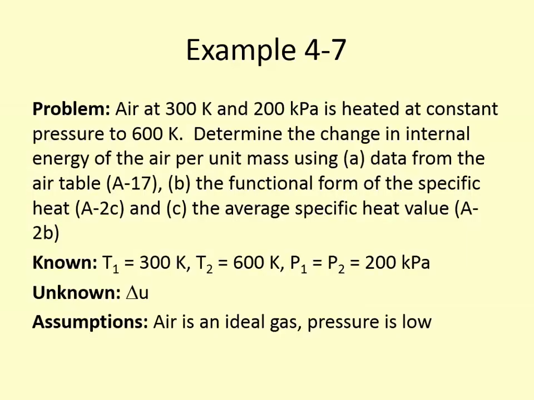Okay, so that's part A. Part B, what do we need to do? Okay, so let's go to table A2C, right? There's a little hint there. Functional form of the specific heat equation. What is that form?